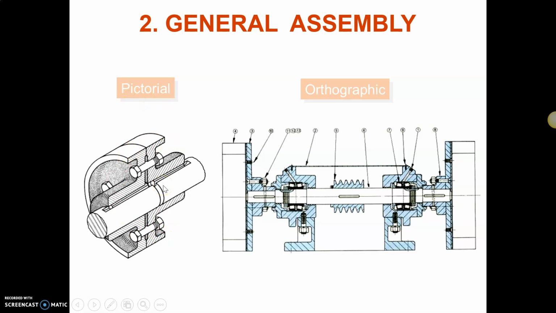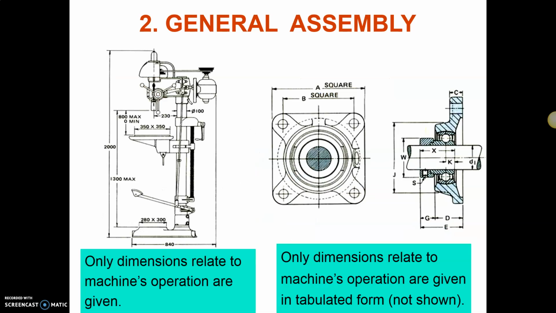The only information given here is some balloons showing different parts of the unit, and some dimensions can be provided in the general assembly drawing. However, only some dimensions that are related to machine operation.